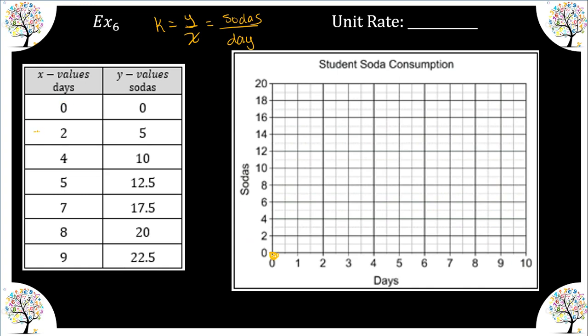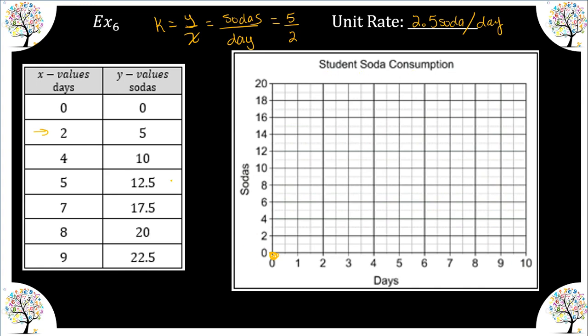And now let's just take a look at our first given ordered pair. So we're going to say K is equal to 5, okay, the number of sodas. So 5 sodas in 2 days gives us a unit rate of 2.5 sodas a day. So this is the student soda consumption.